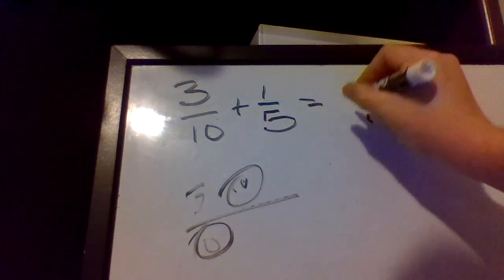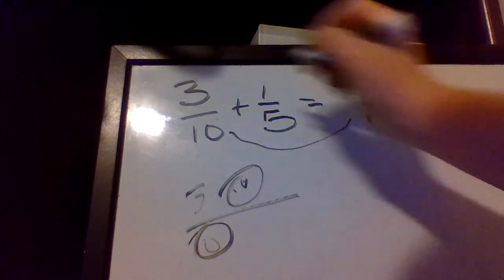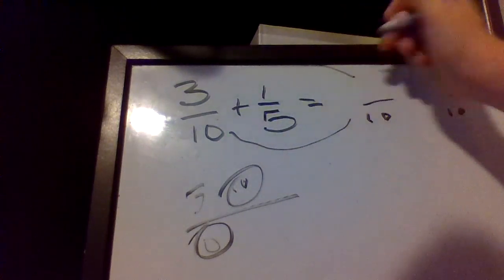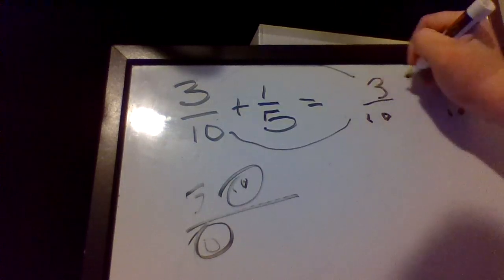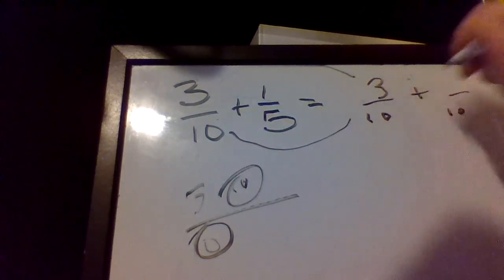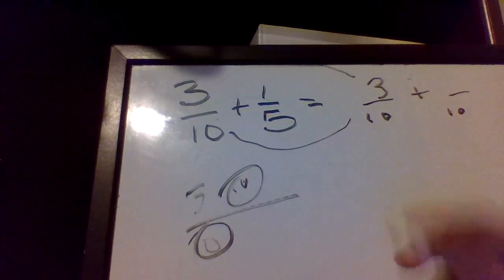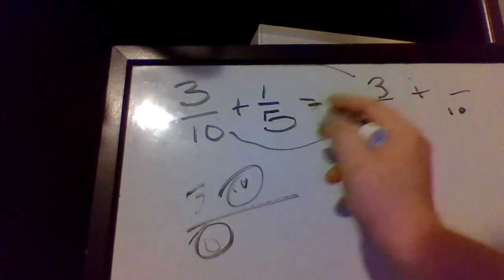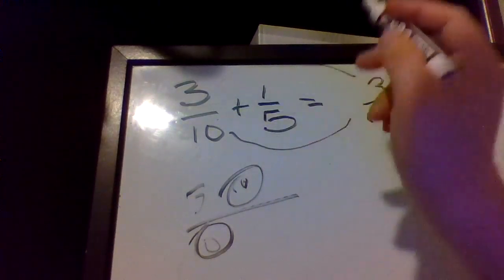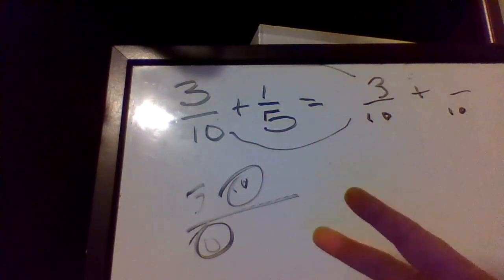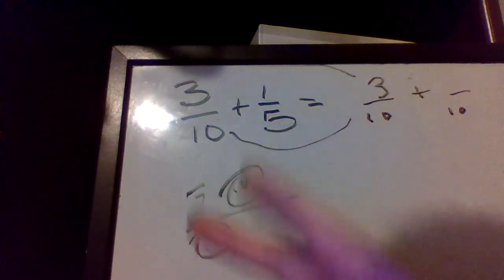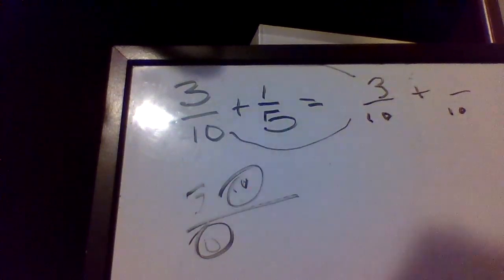And now, since this one started as 3 over 10, we're just going to keep it 3 over 10. So, we're going to bring our 3 right here. Now, here, we're going to have to do something. So 5 times what equals 10? 5 times 2 equals 10.